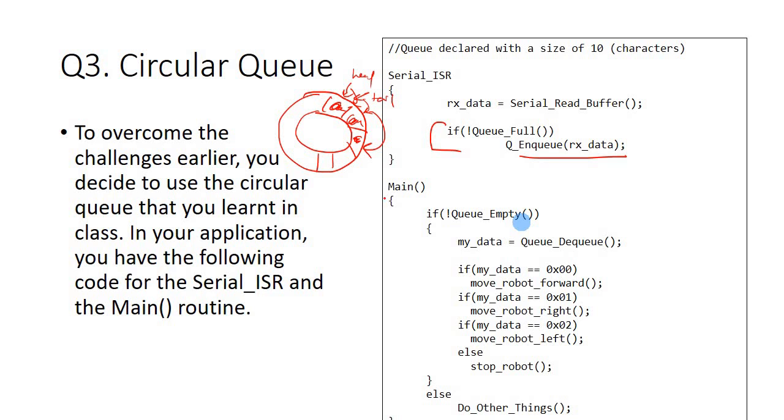Similarly in the main function, again there is supposed to be a while one loop here. As long as the queue is not empty, that means there has been some new data that I've received, I will dequeue the data and then process it. That is basically what this circular queue does for us.